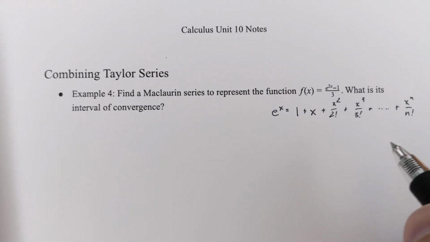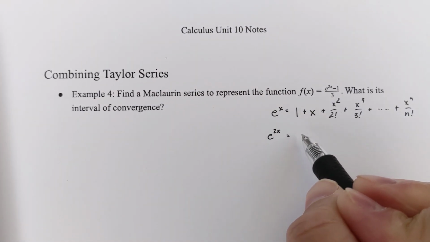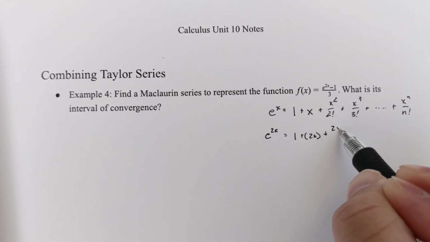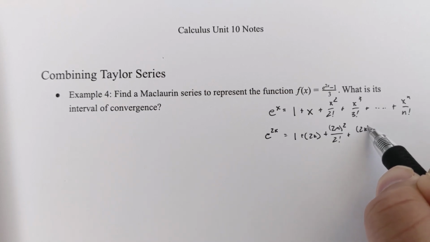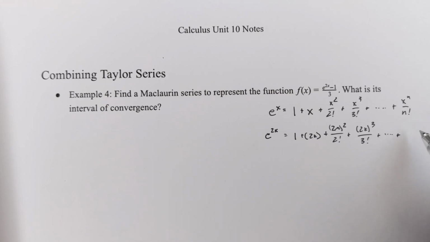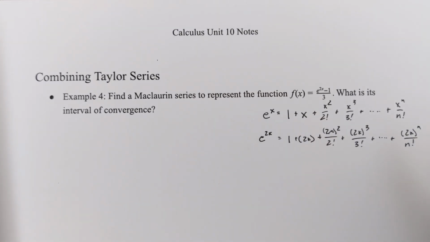So if we wanted to do e to the 2x, that's just going to replace all of our x's with 2x's. So 1 plus 2x plus 2x squared over 2 factorial plus 2x cubed over 3 factorial plus blah, blah, blah, up to 2x to the nth over n factorial.